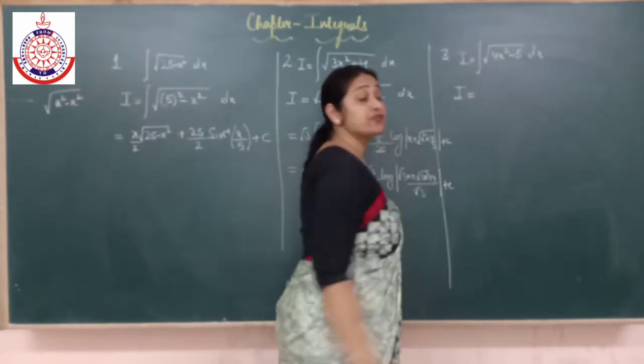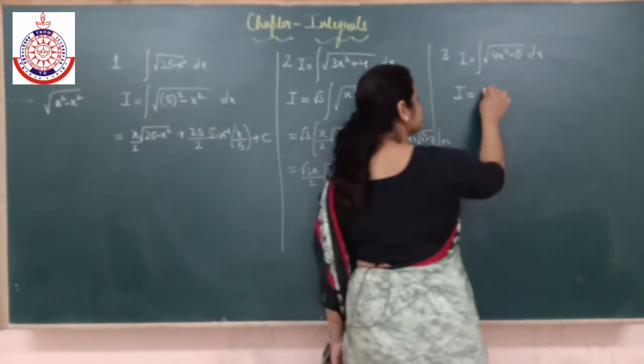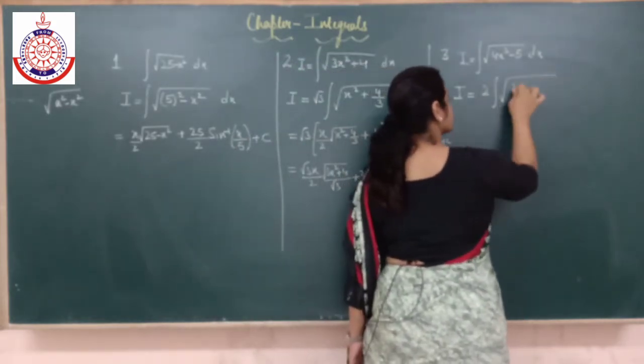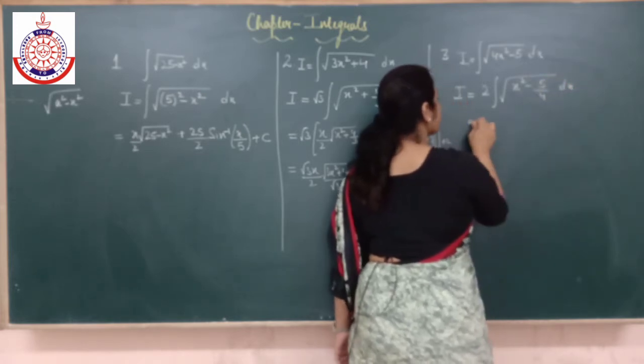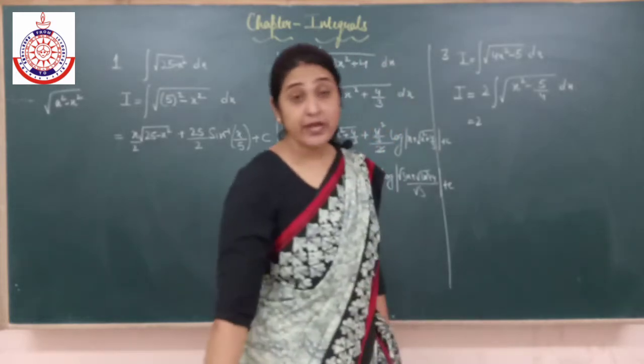Here the same thing. There should not be any coefficient of x square. So I'm taking 4 out. Which form? Under root x square minus a square.